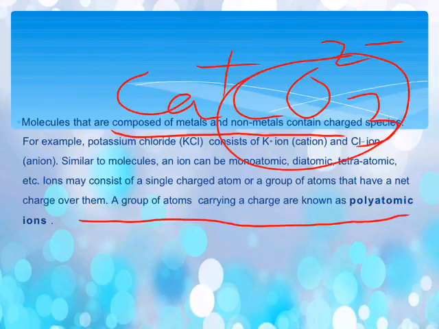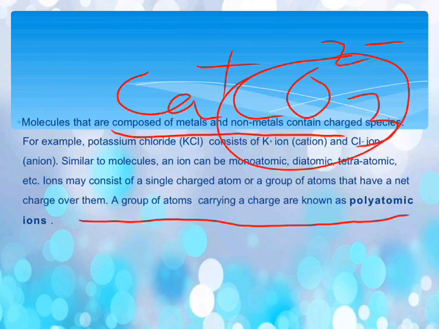I have taken one example of CaCO3. Here Ca2+ is a positively charged ion, so it is a cation, and CO3 2 negative is the carbonate ion, having 1 carbon and 3 oxygen atoms.